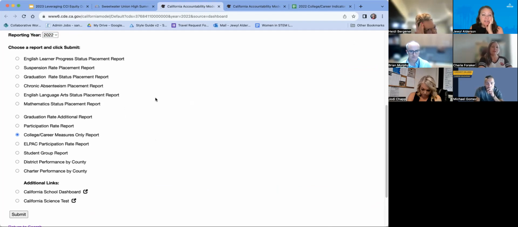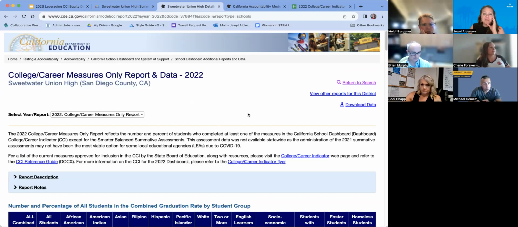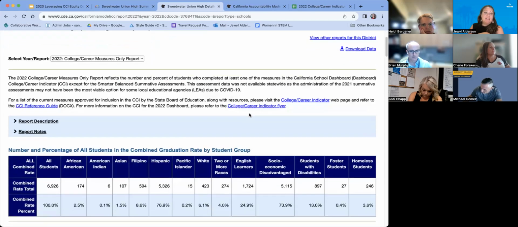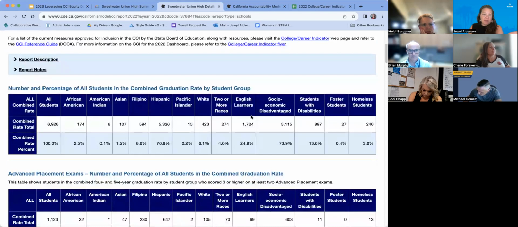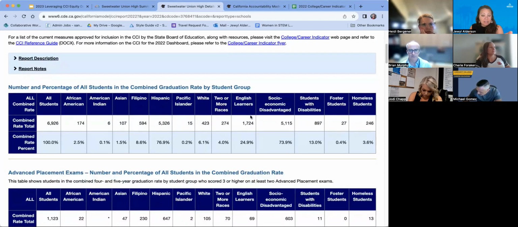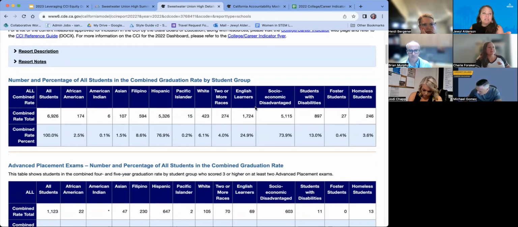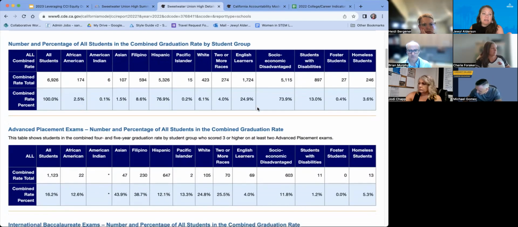So there's tons of reports. These are very fun. You could spend a lot of time clicking on everything in all of these reports. But if you go to the college and career measures report, this was just released in May. And this actually takes all of the data that you rolled up in CalPADS that is aligned to the CCI and has it in a space where you can access that data.